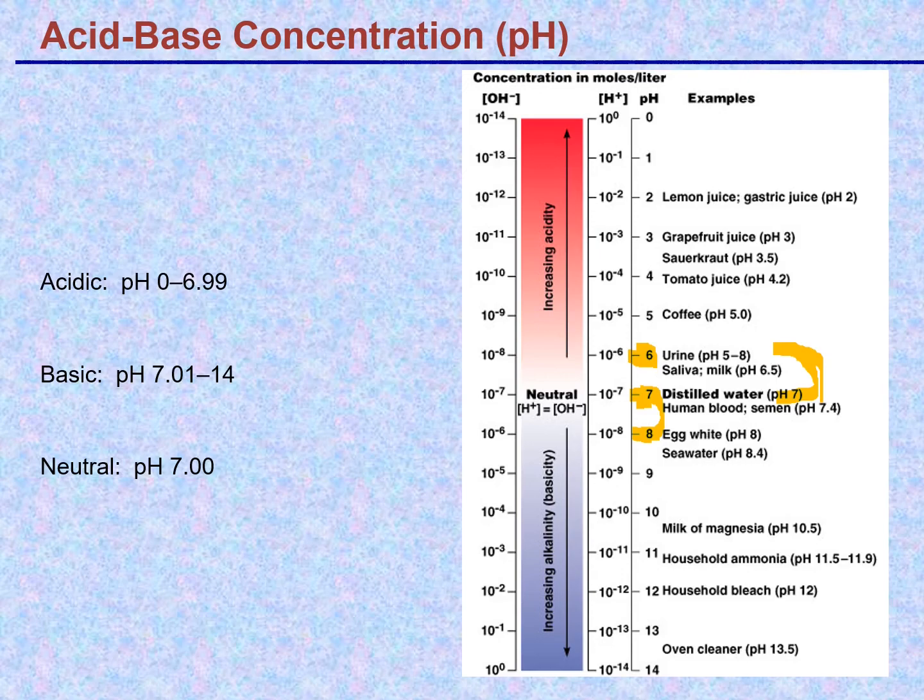These extremes are tremendously basic, or up here very acidic. They can damage tissue. In most biological systems, you're going to have a pH of about 7.4 with some range around that. There are exceptions to that. In the stomach, you have a lot of hydrochloric acid.